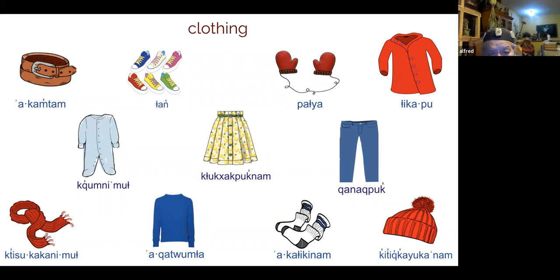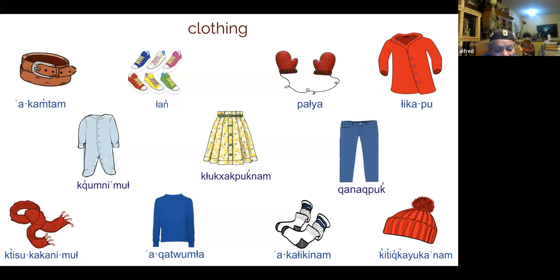Nam. I haven't been able to figure that one out. I have to talk to a more fluent speaker, because I'm not too sure whether that means hanging from your butt or what that word is really describing.